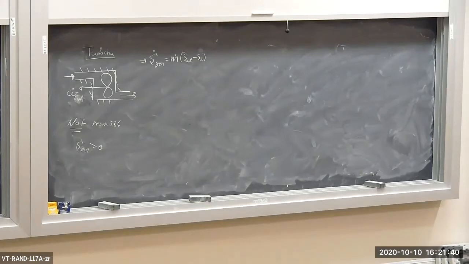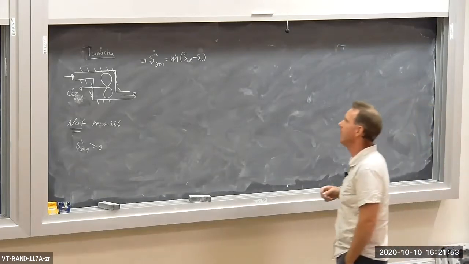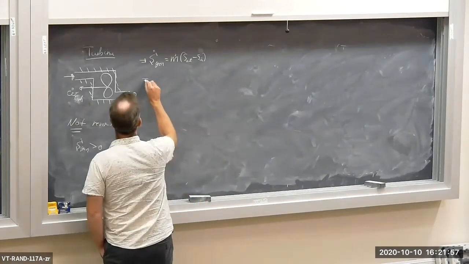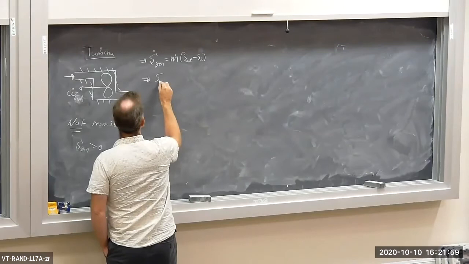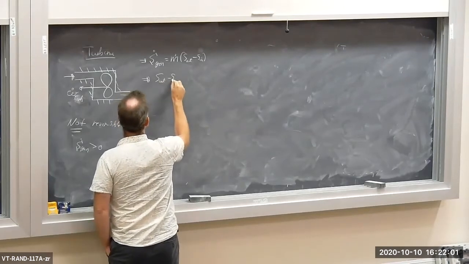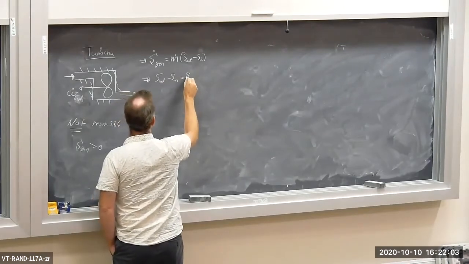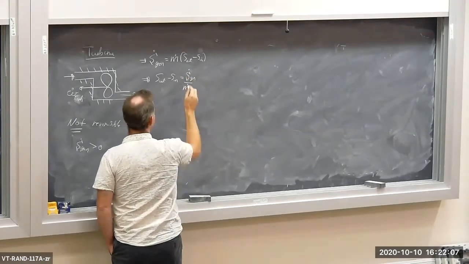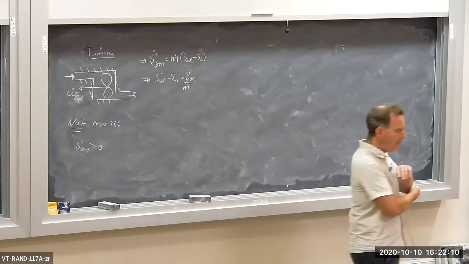If it's a steady flow device, the dS_CV/dt goes away. It's a single inlet, single outlet, so the summations go away on the m dot S terms. You take the S dot gen, you put it over on the left-hand side, and you get m dot (S out minus S in). Or if you like, S out minus S in is equal to S dot gen over the mass flow rate for the working fluid. Okay?